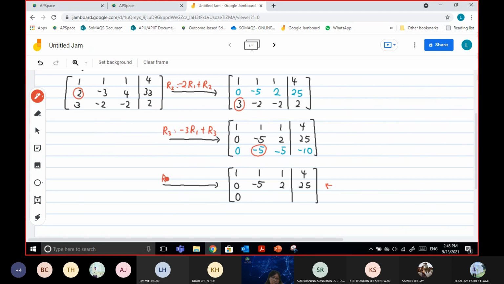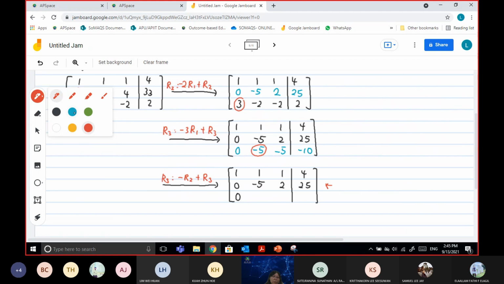So still R3. What I want to do here: for the second row, I have negative 5. Let's say I take negative multiplied with the second row, then plus the third row. So if I take negative 5 times negative, I get positive 5, then positive 5 plus negative 5, I get a 0.